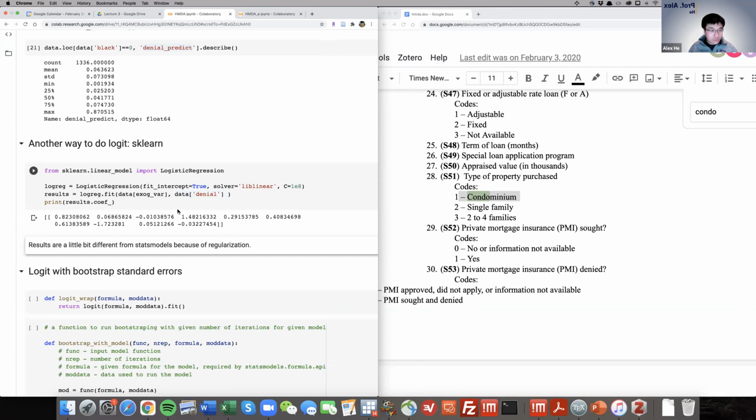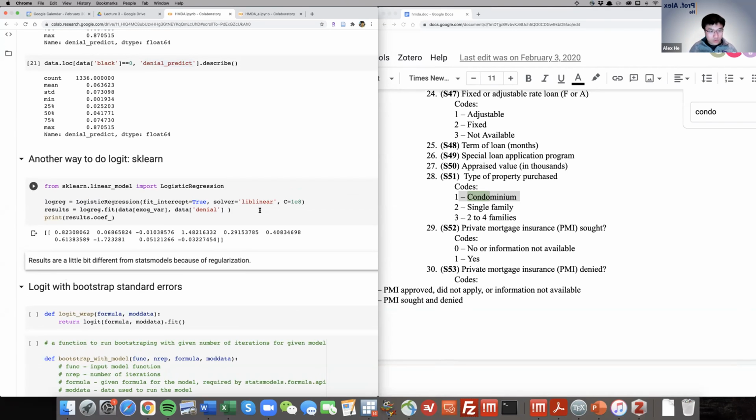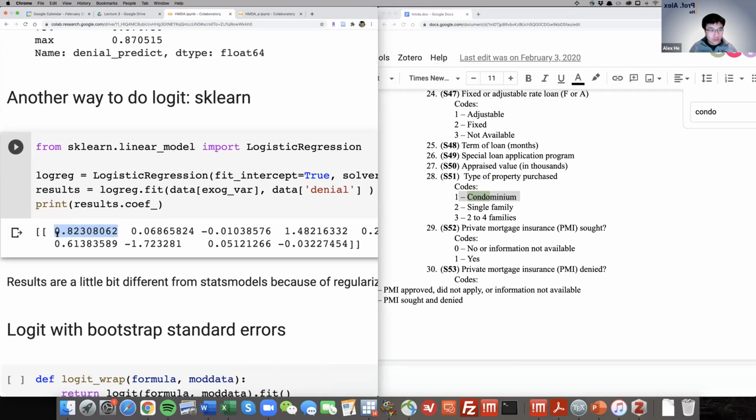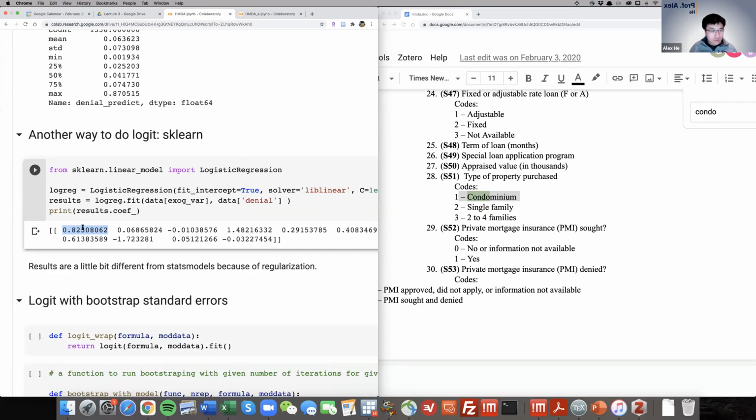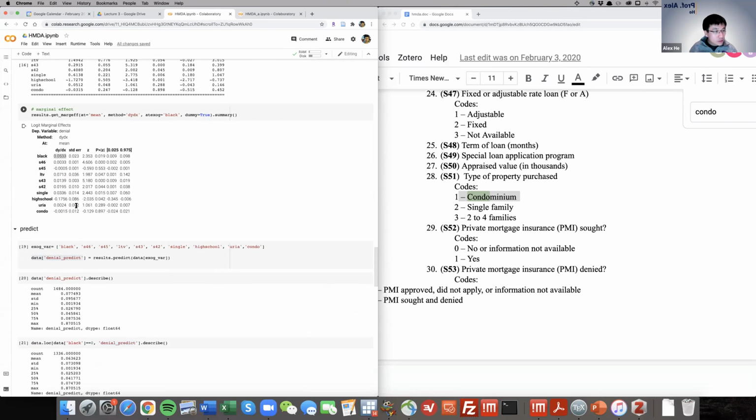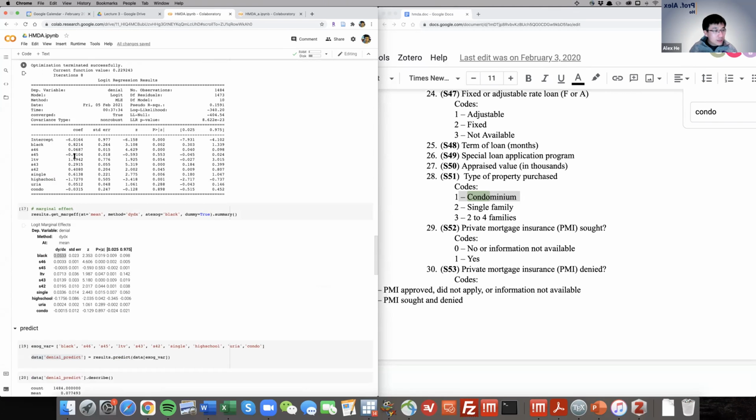That will also give you the coefficient of each of these predictor variables. Black is the first variable, so that coefficient is 0.82. It's basically the same as what we had here.